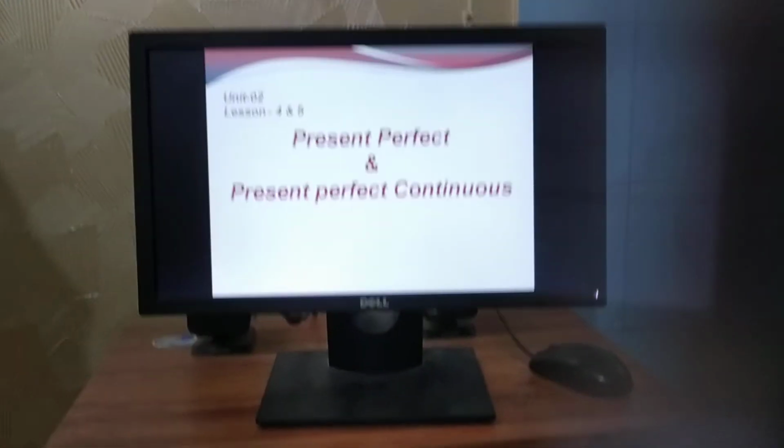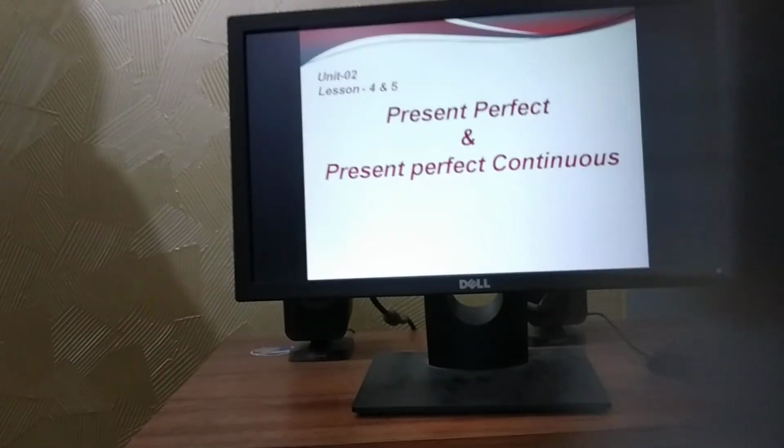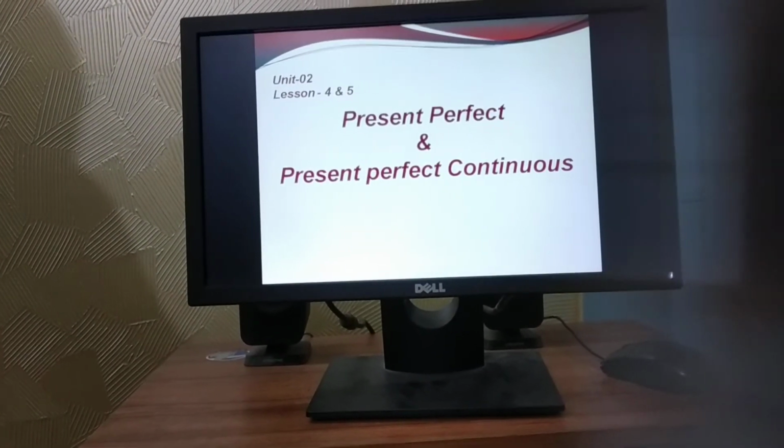So today our topic is, as we know, now we'll go to the slide. Our topic is present perfect and present perfect continuous tense. So at first we'll see the conversation from your textbook, page 32.